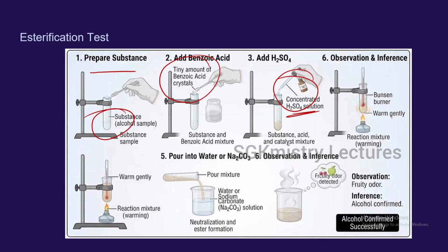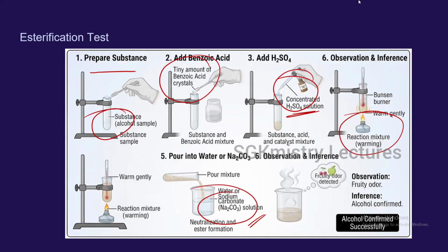Now you heat it, and after heating you pour the contents of the mixture into sodium carbonate solution. I already explained in the test for carboxylic acid, when explaining esterification, why we need to pour the contents into sodium carbonate solution: if there is any unreacted carboxylic acid or unreacted sulfuric acid present in the reaction mixture, it will be removed because of the reaction with sodium carbonate.